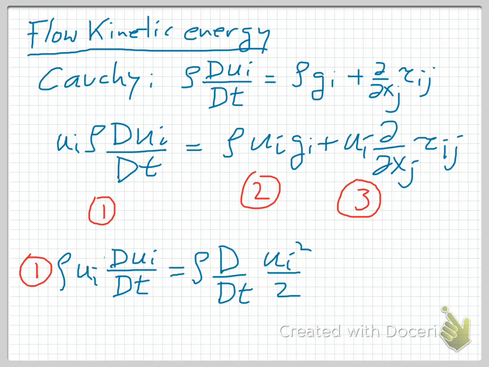And you recognize that this is very similar to the kinetic energy. It's the mass per unit volume here times D/Dt of the square of the velocity divided by 2.